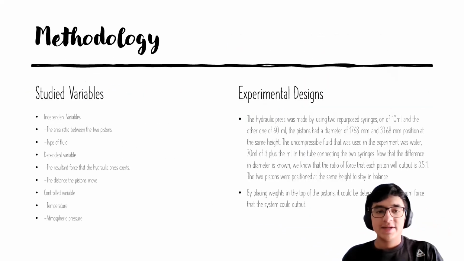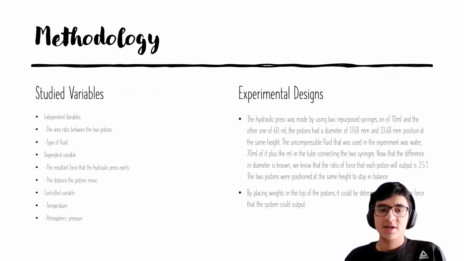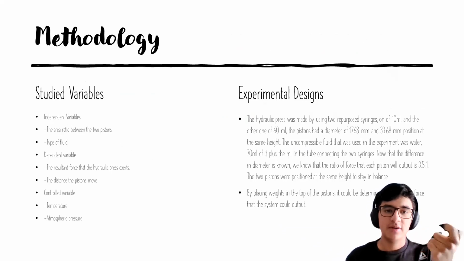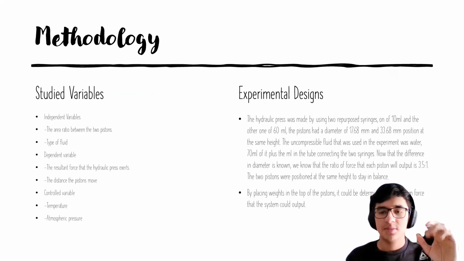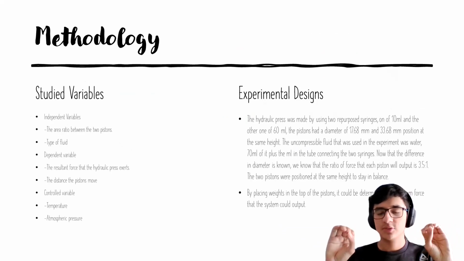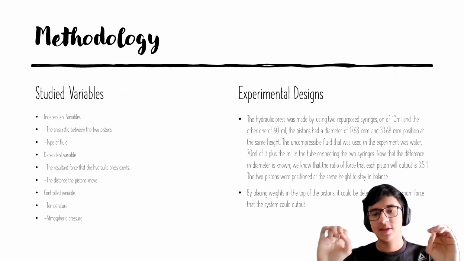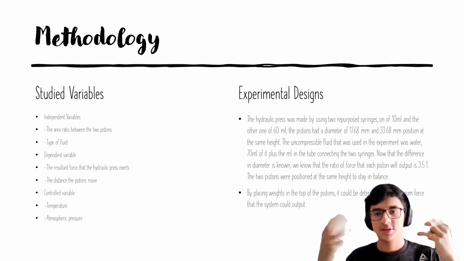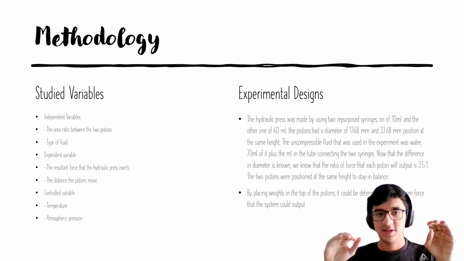The studied variables were the area between the two pistons, because if you have two pistons which have the same diameter, they will multiply the force by one, so the forces will be the same.